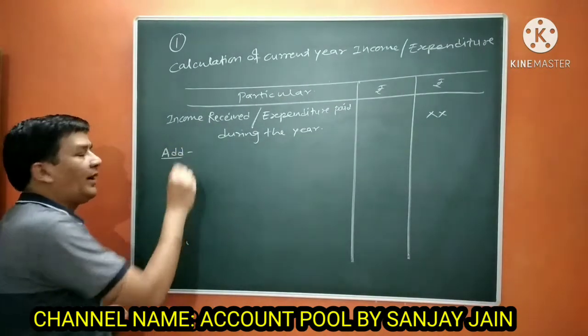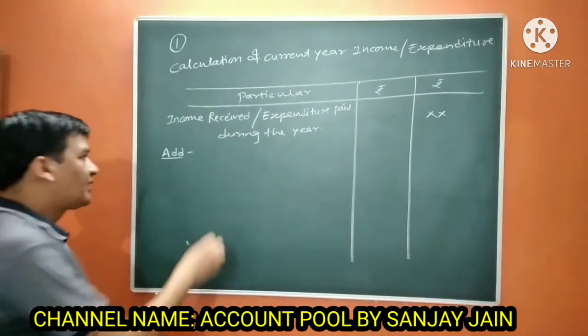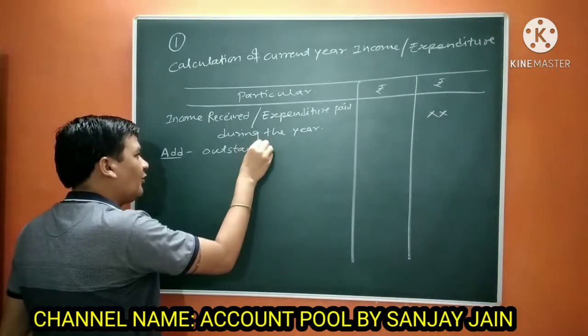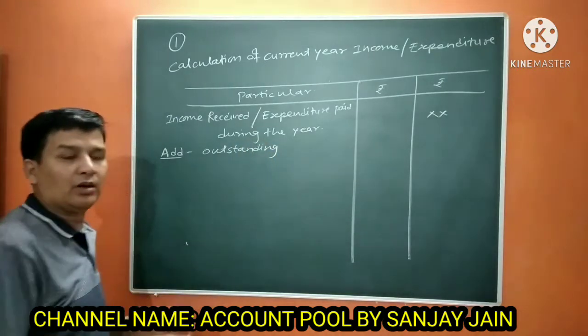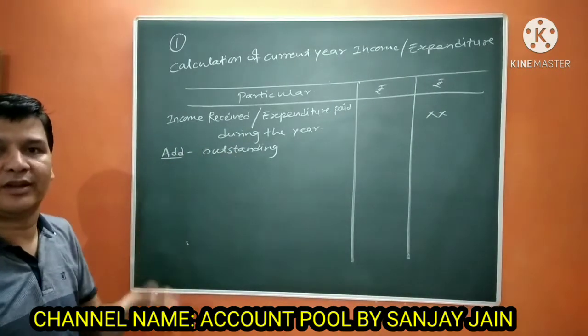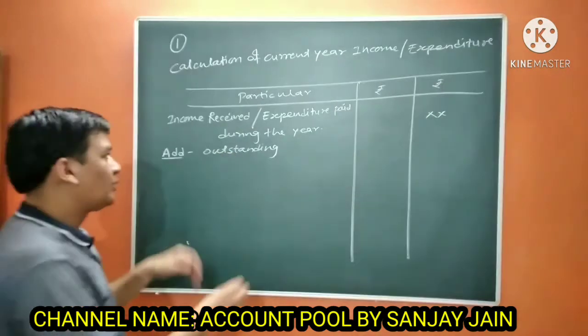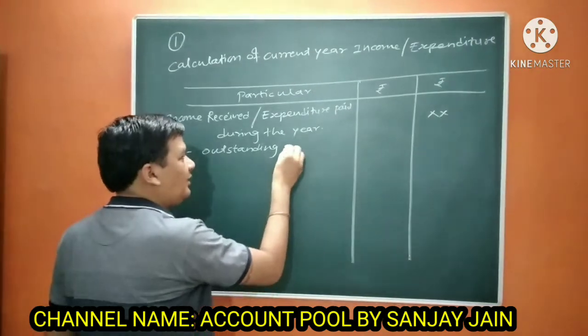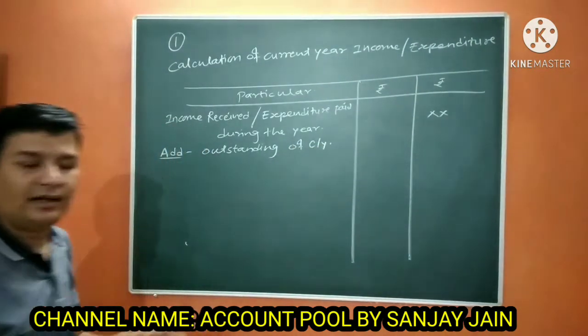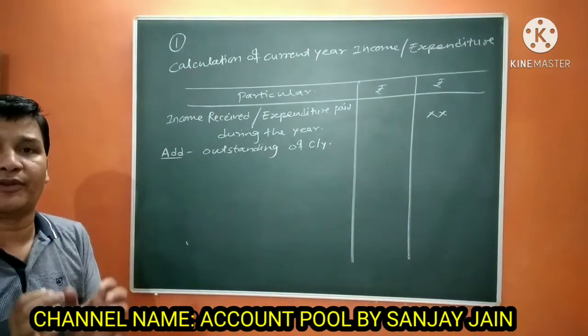Now, what we are going to add here? We are going to add two items. Outstanding amount, whether it is income or expenditure. Outstanding income is known as accrued income. So, I am just adding outstanding of current year. Current year outstanding, that means it is of current year.